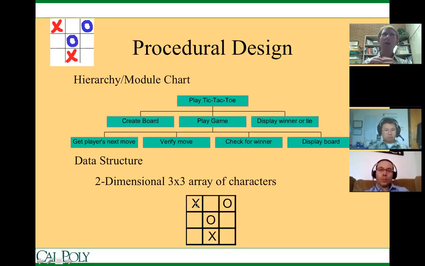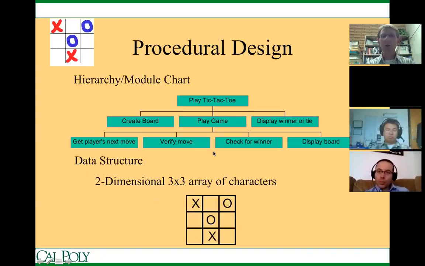An array is a grouping of elements that are all the same type. So here they might all be a single character. Either it's an X, or it's blank, or it's an O, are the three options. And so you can represent that by a character. And so we have three of those in a row, and so that's an array of three of them. But here we want a two-dimensional array. It's a 3x3 grid. So that's our data structure. And so we might think of what are the right data structures as well as the hierarchy module chart.